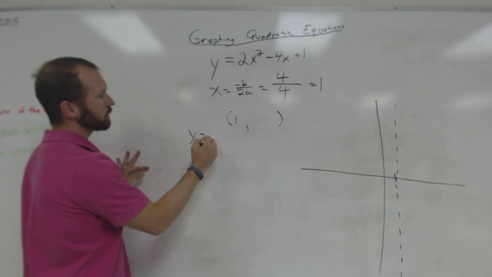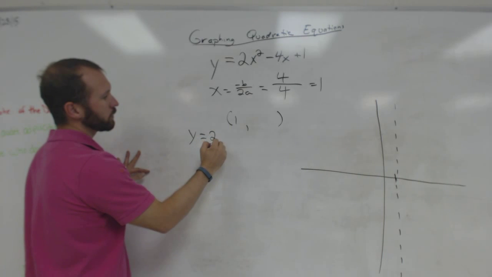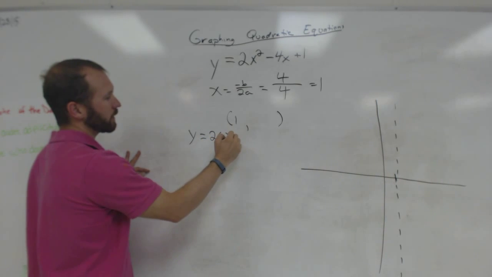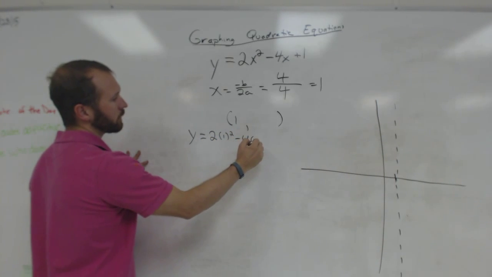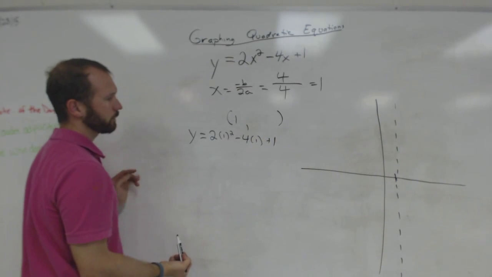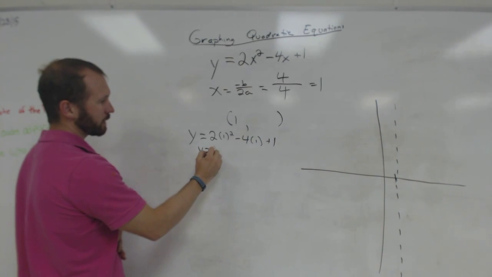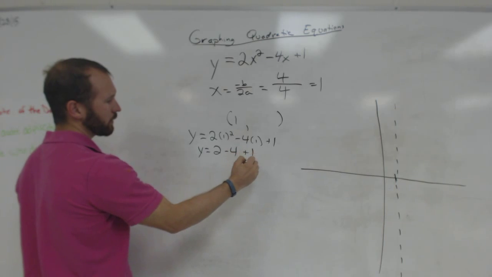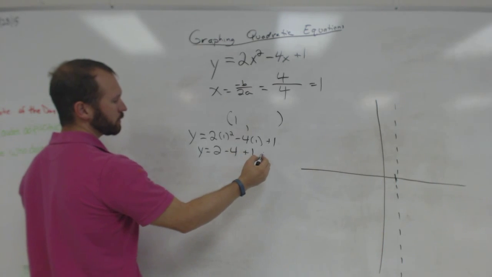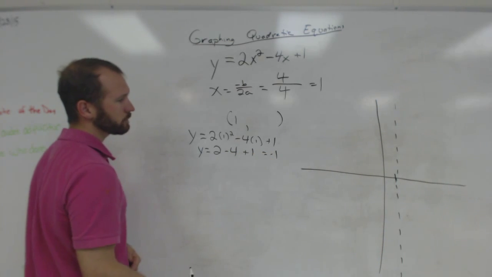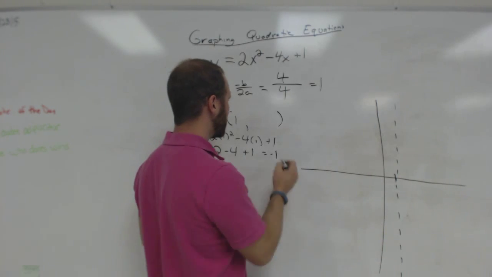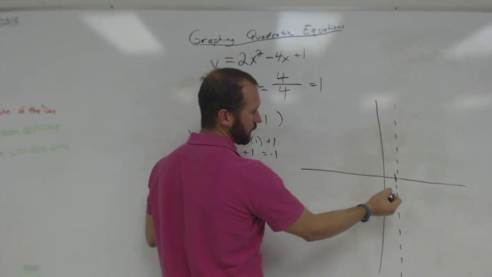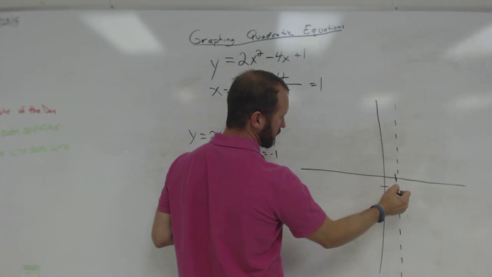Okay, y equals 2 times 1 squared minus 4 times 1 plus 1. 2 minus 4 plus 1. Negative 2 plus 1 equals negative 1. So the y part of my vertex is negative 1. My vertex is right here.